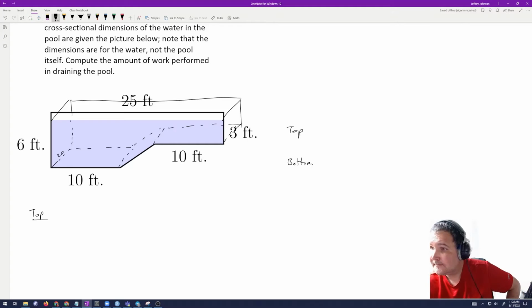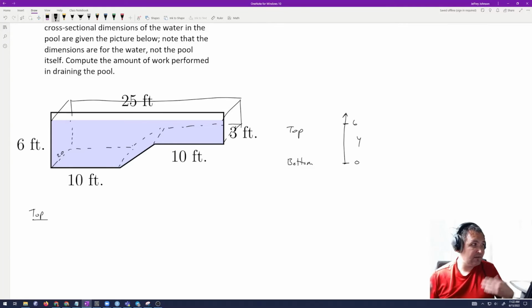Okay, this is our y-axis. We're thinking of y equaling 0 at the bottom, and equaling 6 at the top of the pool. Okay, so y is our variable that tells us where we are in the pool, and we have to set up that variable so everything will be in terms of that.